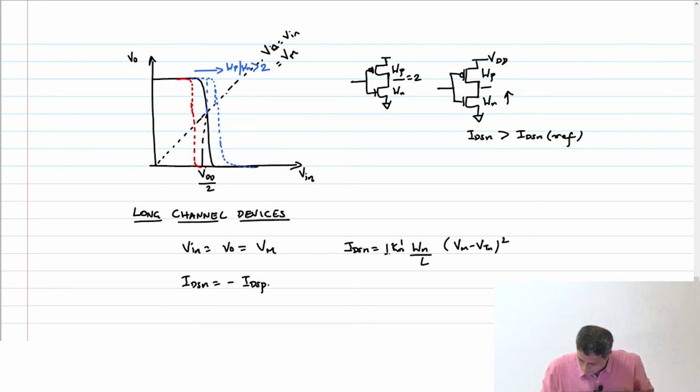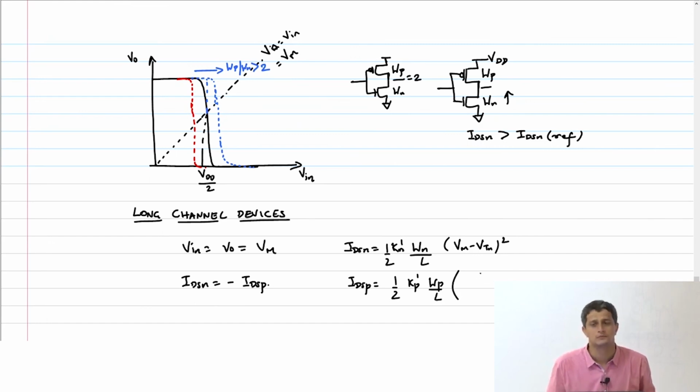IDSP is half Kp prime Wp by L into Vm minus VDD minus Vtp, the whole square.